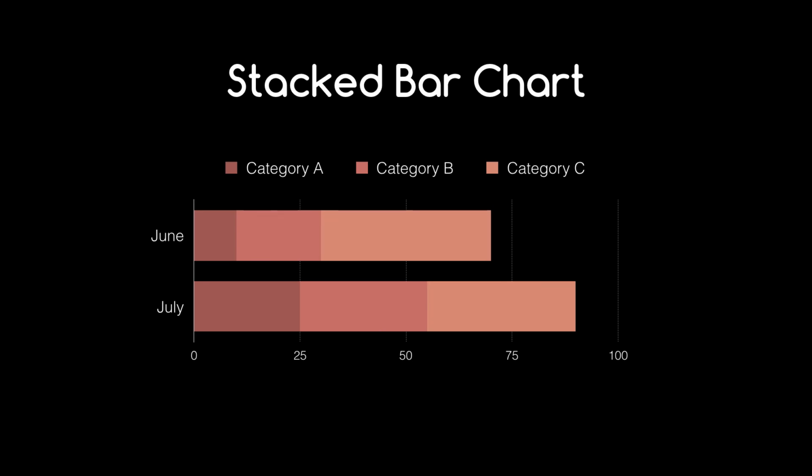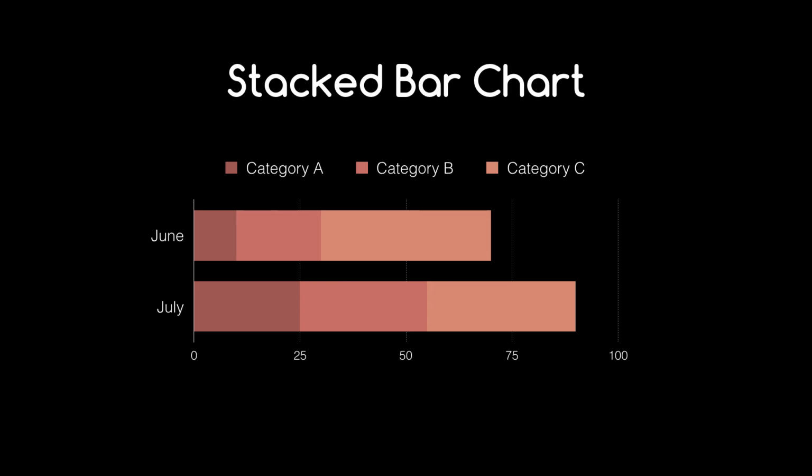Here's another variation of a bar chart, which is a stacked bar chart. Stacked bar charts, or bar graphs, segment their bars of multiple data sets in conjunction with each other. They're used to show how a category is divided into smaller categories and what relationship each part has to the total amount.